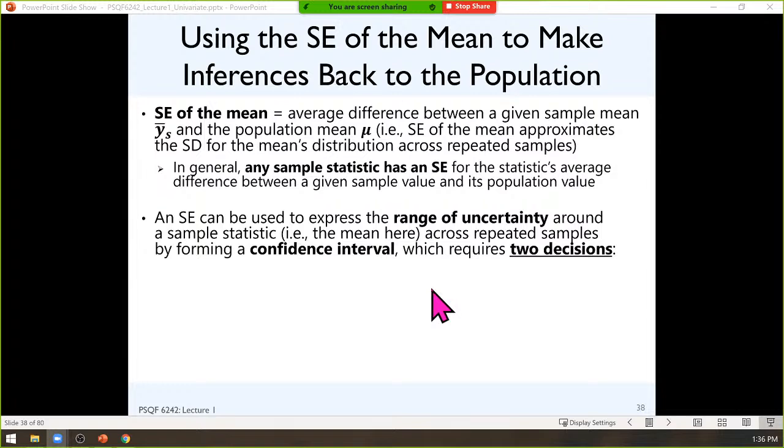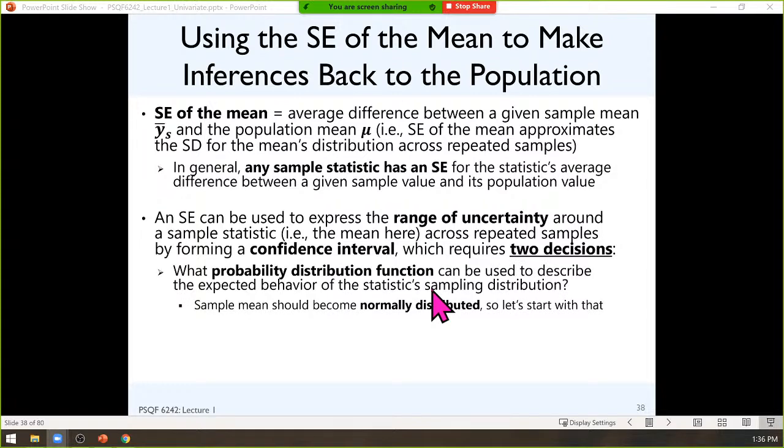So the first thing that we're going to learn how to do with the standard error is to form what's called a confidence interval. It is a range of uncertainty that describes across repeated samples how many of them would contain the population mean. And it requires making 2 decisions a priori to characterize your interval. Which probability distribution function you think the sample statistic follows.